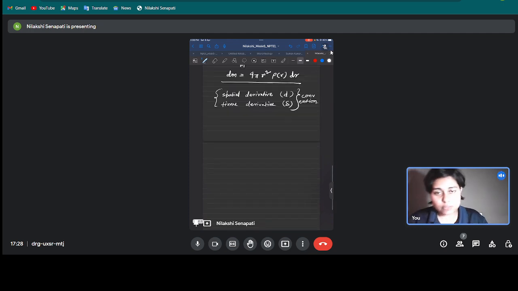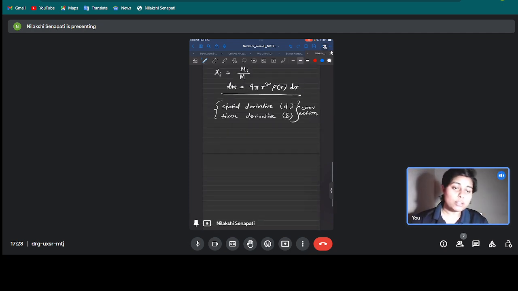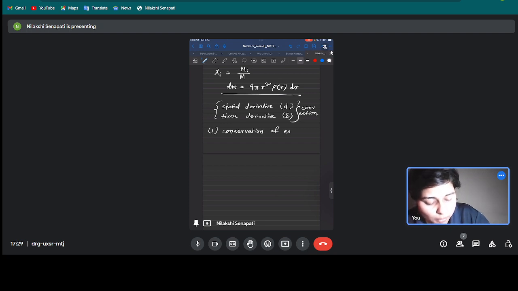So the first thing is that whenever we do any modeling, we need to remember that there will always be conservation of energy. So we'll deal with conservation of energy. Two is conservation of momentum.